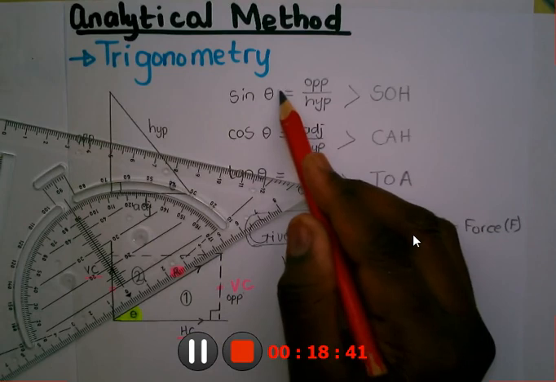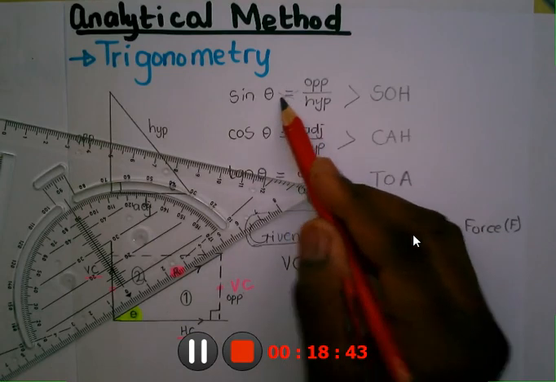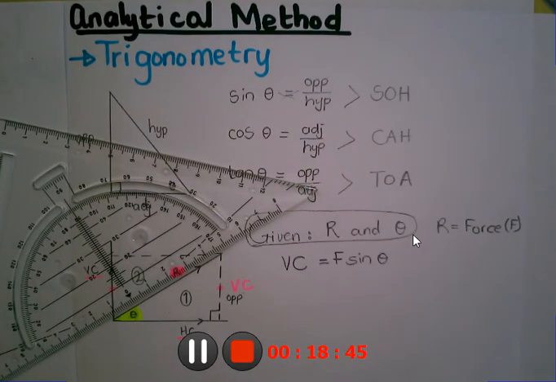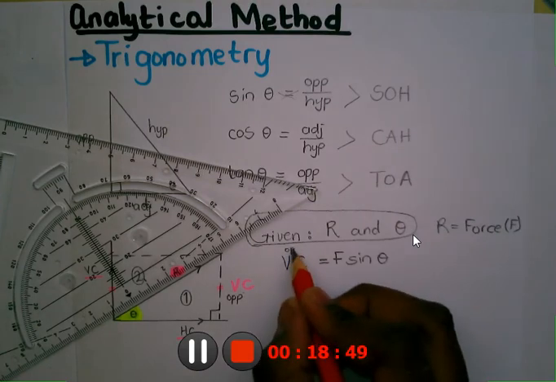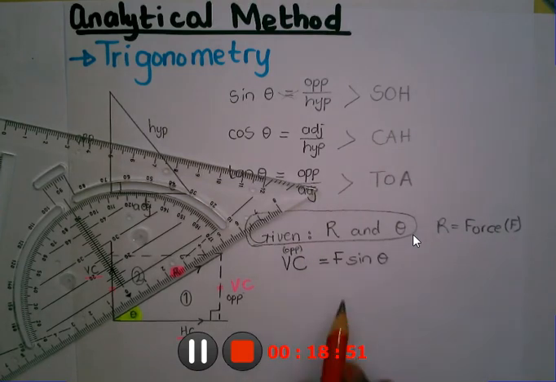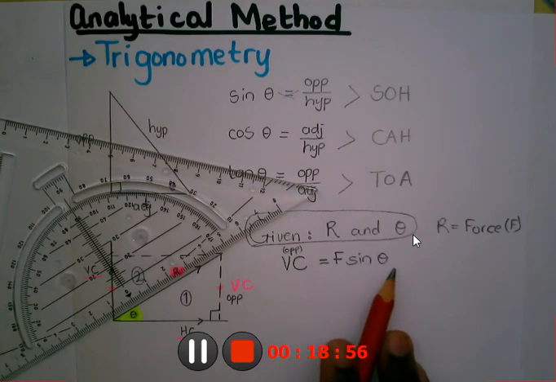You are doing a cross multiplication here. So the opposite in this case is your VC, and you will calculate it by F, the force, times sin theta.